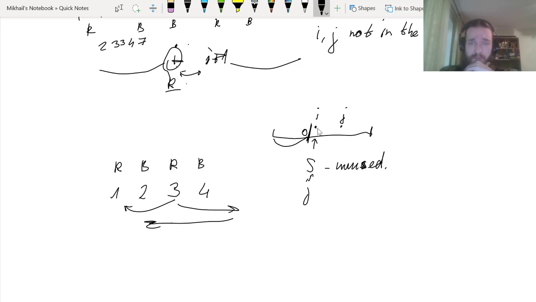Otherwise, it's going to be blue. And so this is enough to determine if any card can be placed here.